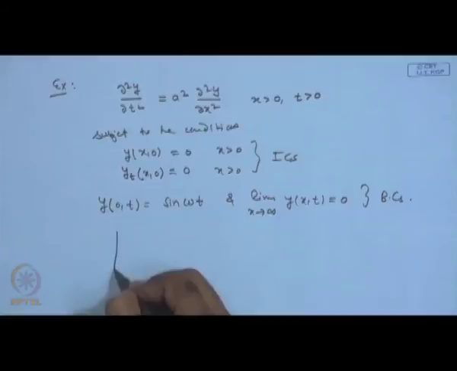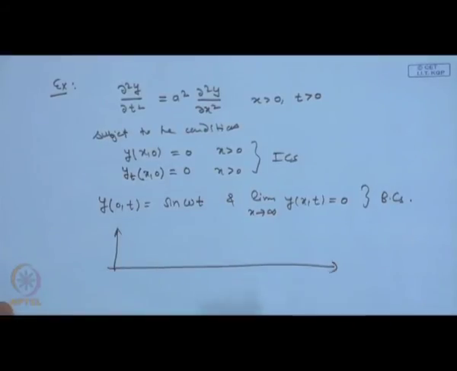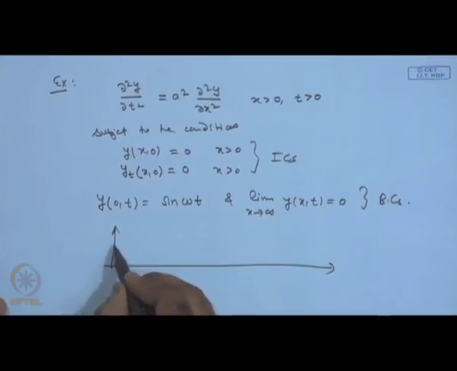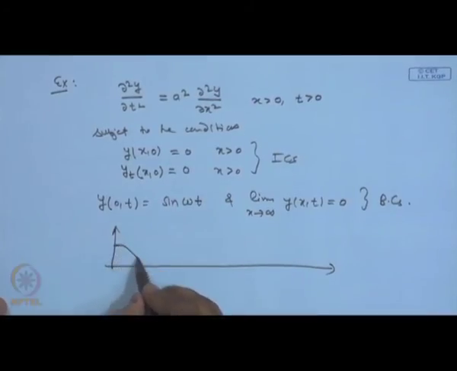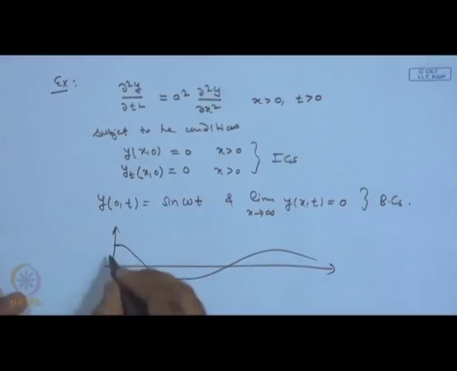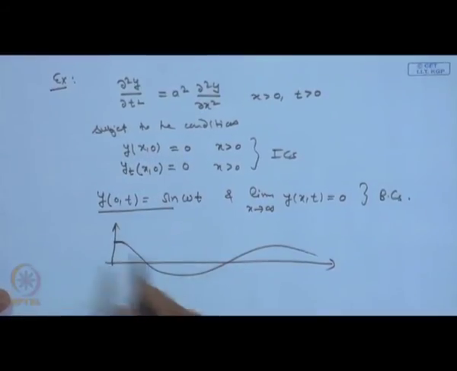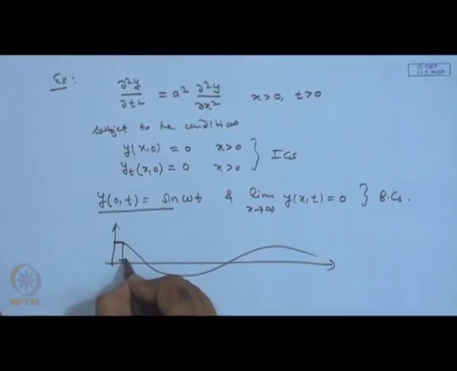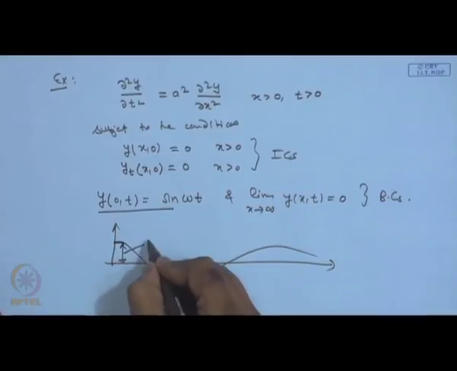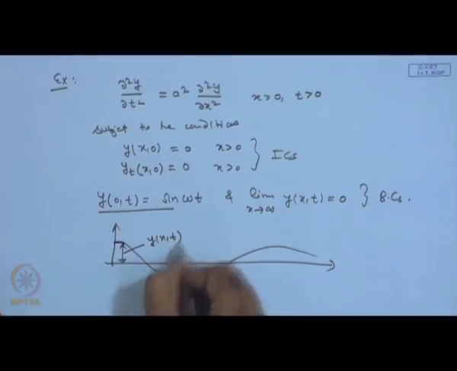So, if we just look at the physical phenomena this equation models, we have a string here, and this end, as we see from this boundary condition, this is the displacement or the solution y x t.